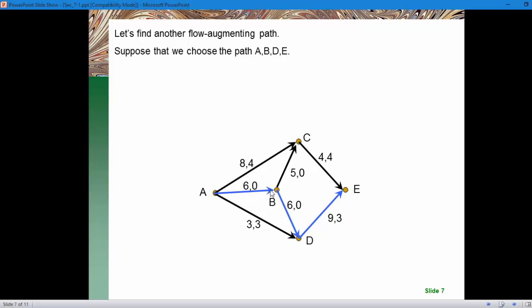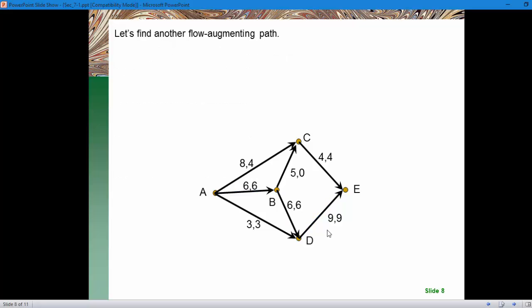I can increase up to 6 units on this arc, 6 units on this arc, and 6 units on this arc, because the capacity on this very last arc is 9, and there's currently a value of 3 here. There are 3 units of flow going in through this arc. I can increase up to 6 units along this entire path.